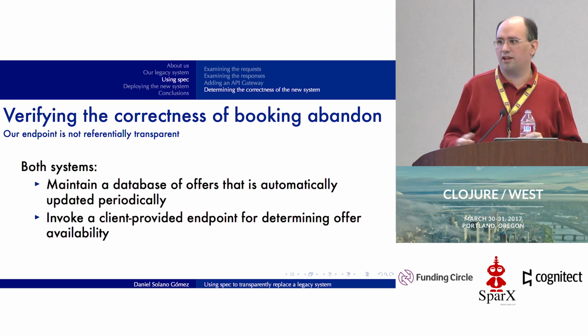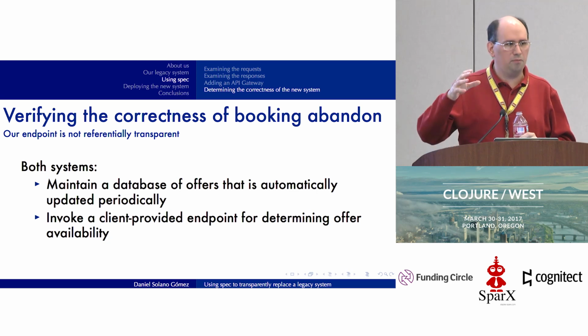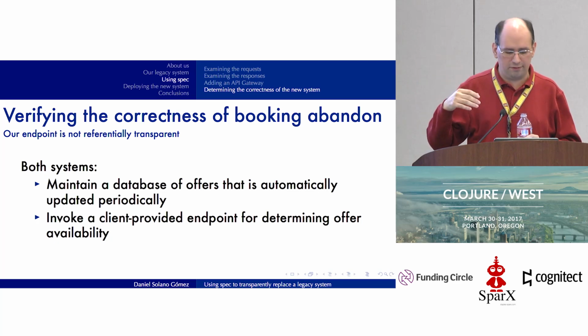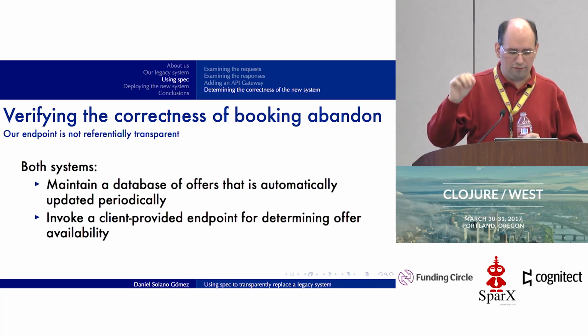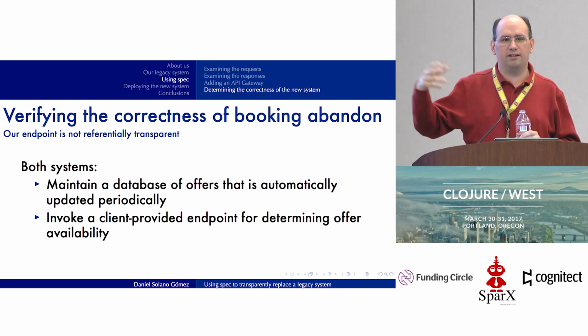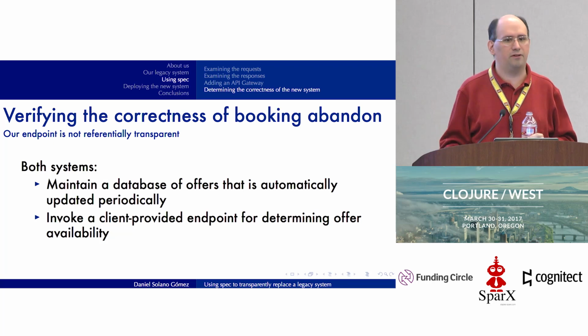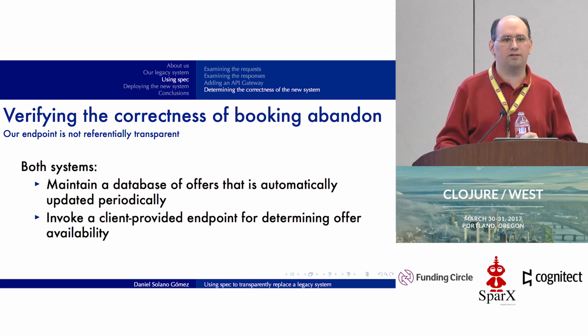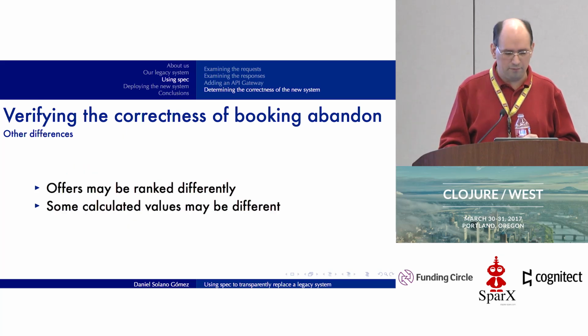So in our case of booking abandon, there were 2 parts that affected the responses. The first one is that each of these systems maintains a database of the available offers for each property. Secondly, there's a client endpoint that we invoked to find out if particular offers are available for a given date.